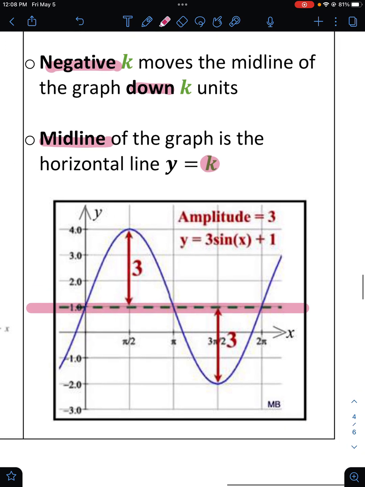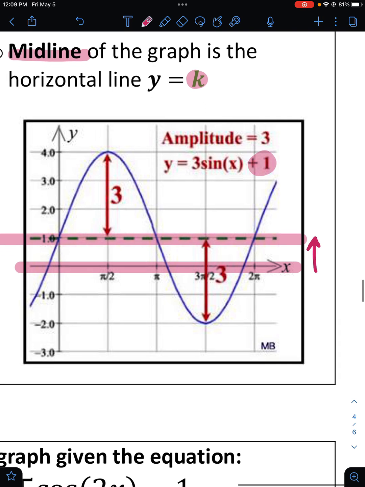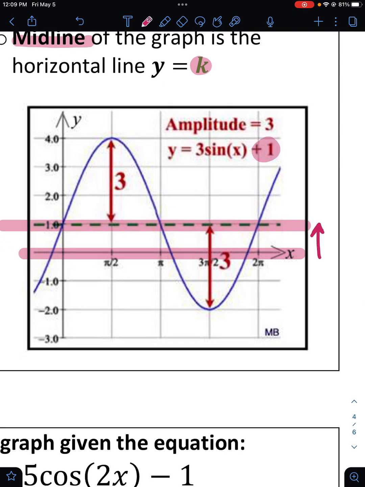Because that in the parent function is normally at 0, if we put a number at the end now, instead of having nothing there, we're shifting it up, that's where the midline goes to. Okay. It's also important to note that the midline combined with your amplitude can help you find the maximums and the minimums, because the max and min are the same distance from the midline, and that distance is the amplitude.